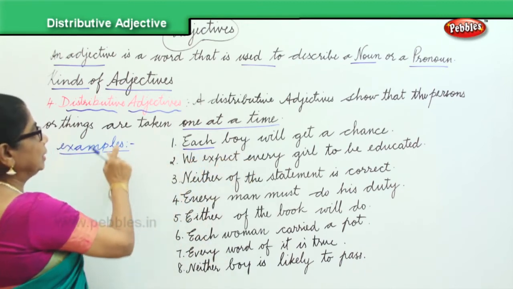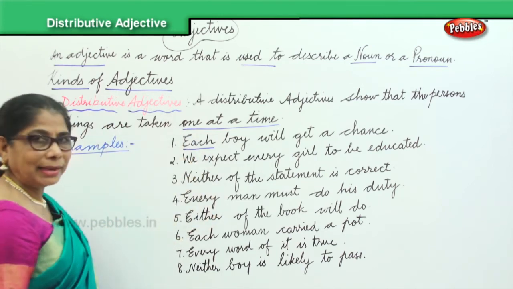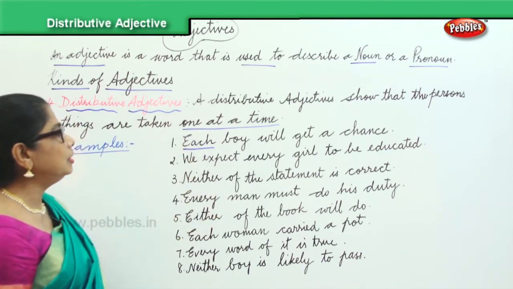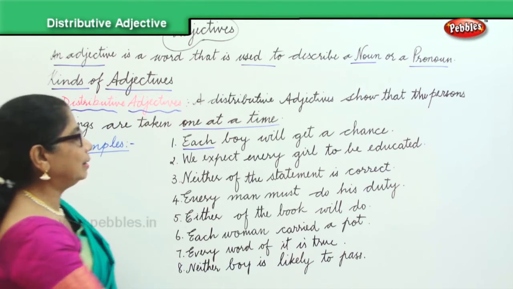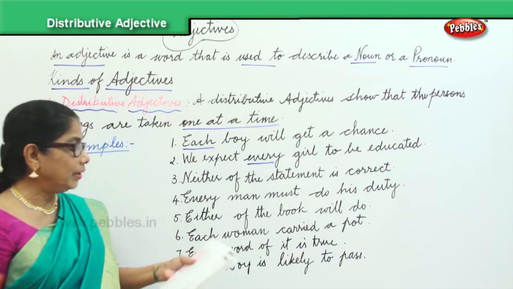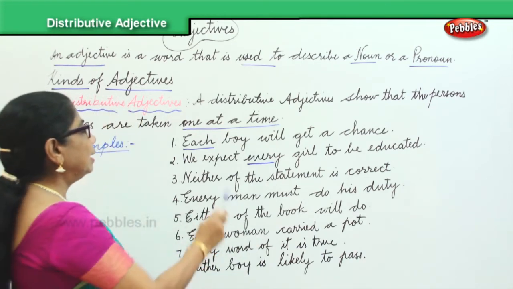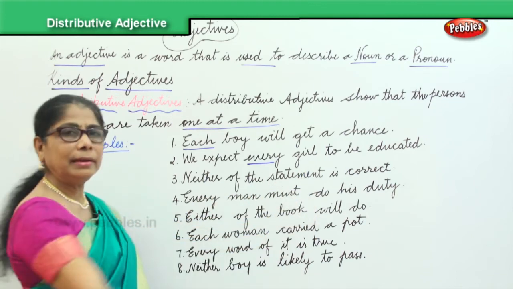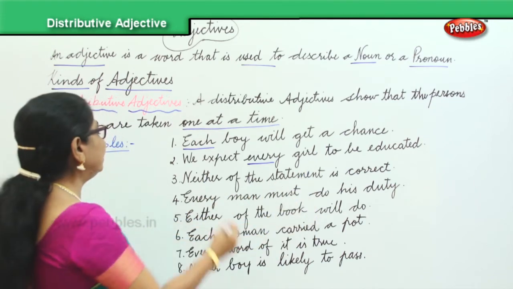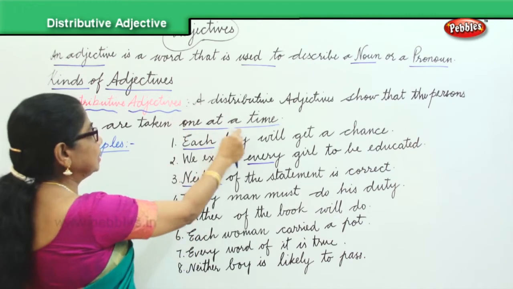So, each is a distributive adjective. We expect every girl to be educated. Every girl to be educated. Neither of the statements is correct. Neither, taken one at a time.